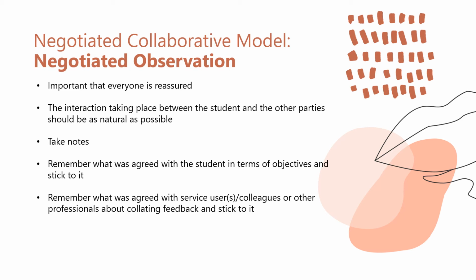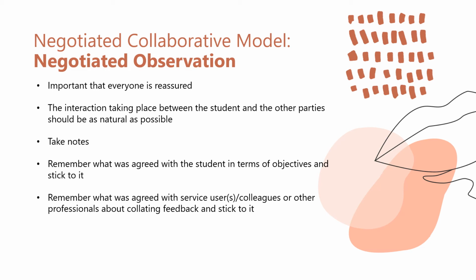So what you can do is, after the observation has taken place, go back to the student and give a brief overview of what you've seen and state that you're planning to discuss this in further detail. The other thing that you need to remember is that throughout the observation, you need to ensure that you stick to the objectives that have been agreed with the student.